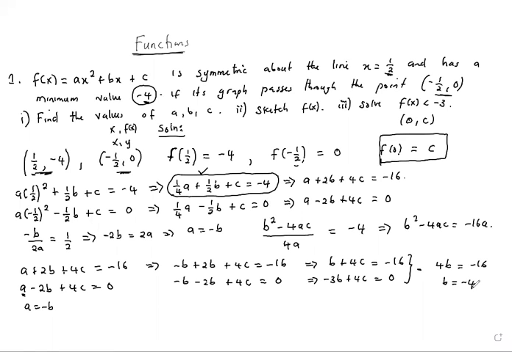If B is -4, we'll come here and say A is equal to -(-4), which is equal to 4. So we have the value of A and the value of B. So if we can get one equation, we'll substitute in any equation here.